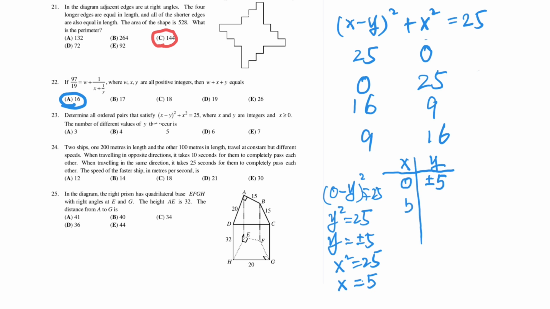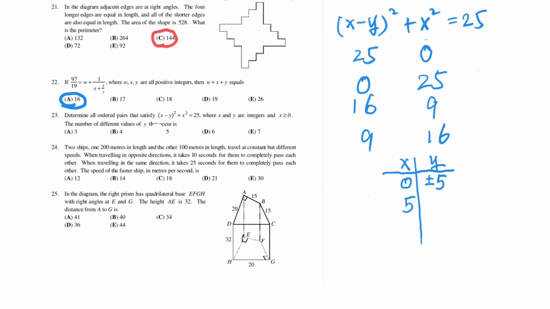If x equals 5, let me erase this one. (x minus y) squared equals 0. That means y equals 5, because 5 minus 5 is 0. Now we finish the second one.